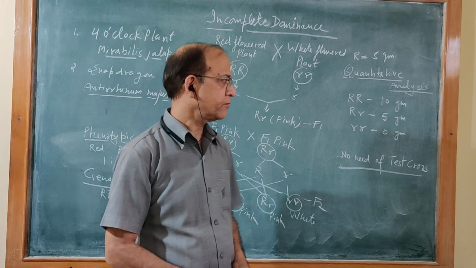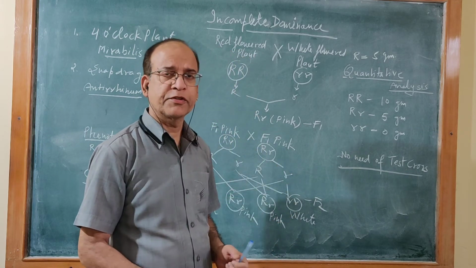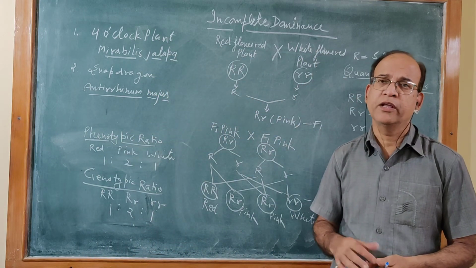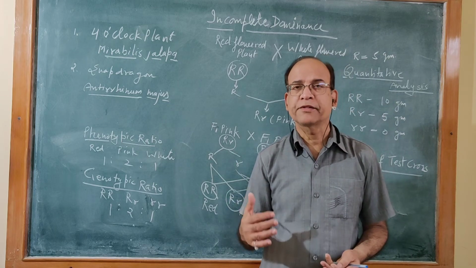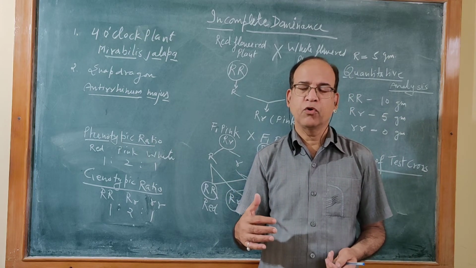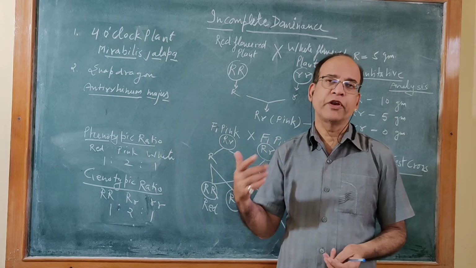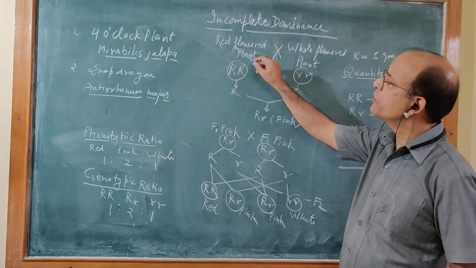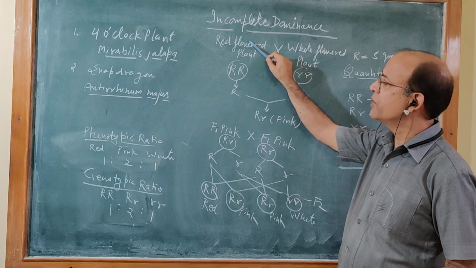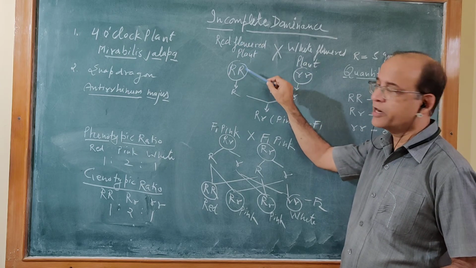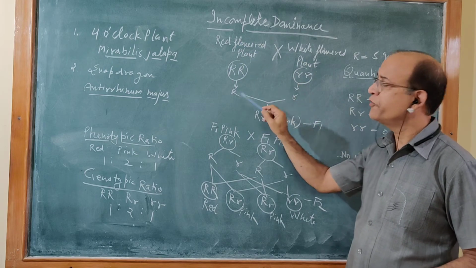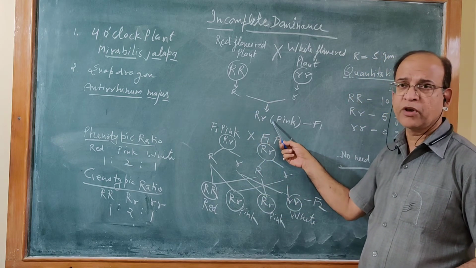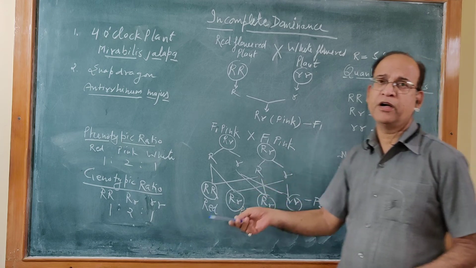One thing more about test cross. We studied test cross in the previous class, and in a test cross we actually test the genotype of a dominant phenotype. But here the dominant phenotype is red flower and its genotype is capital R capital R. If it is hybrid, its genotype is capital R small r, so its phenotype also changes.